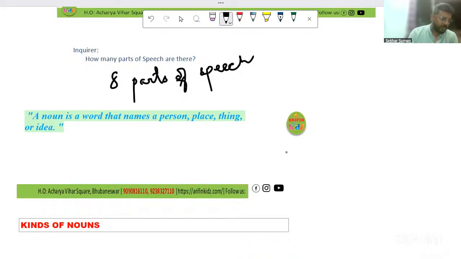Another important definition I'm going to give you regarding nouns.